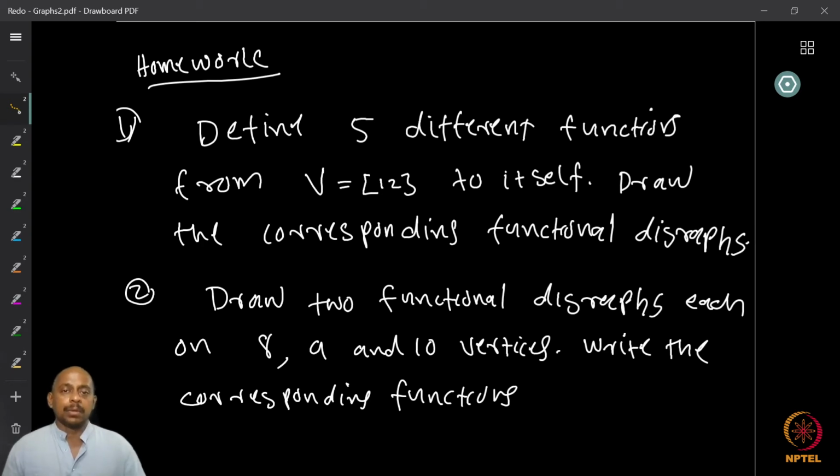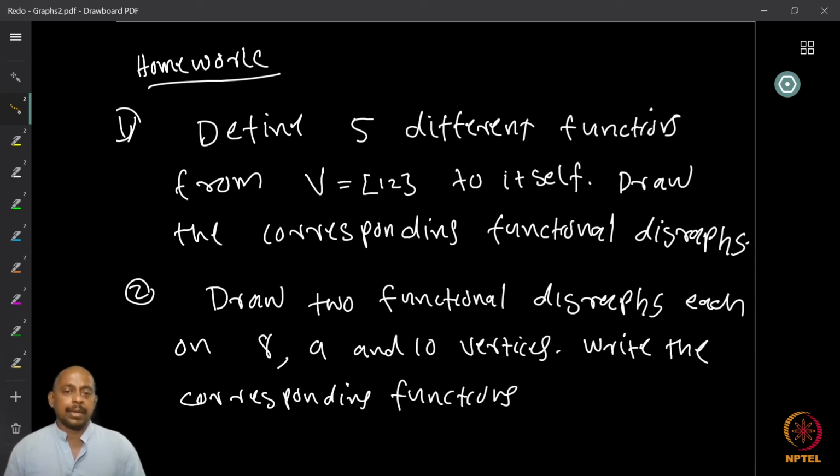Now I give you some homework questions. First, define 5, let's say, different functions from a vertex set 1 to 12, let's say, to itself, and draw the corresponding functional diagram. Once you draw this, look at the properties of it.